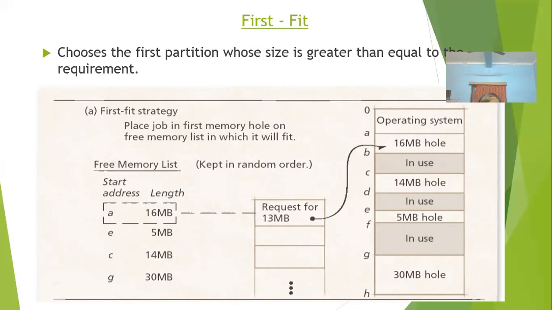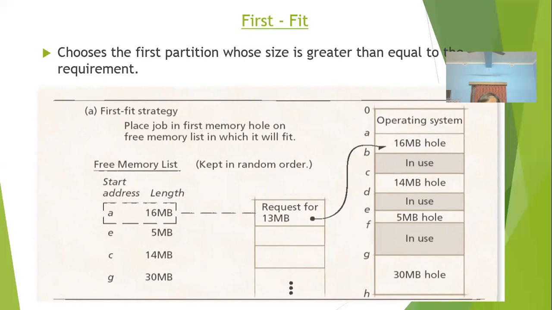So the process is being allocated the particular slot there, which starts at the address location A, and you are getting a 16 MB hole there to accommodate a 13 MB process. That means 3 MB again gets wasted here. But that is the concept of first fit strategy.